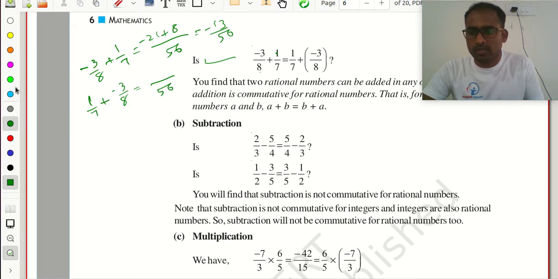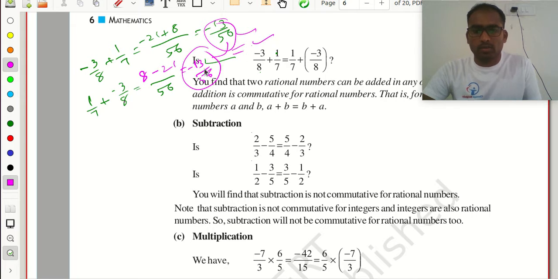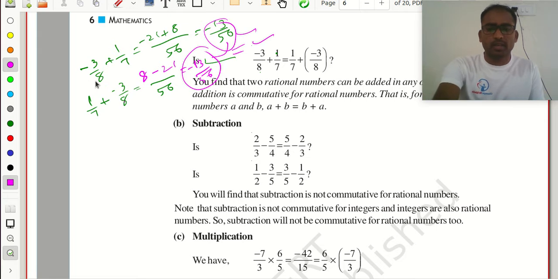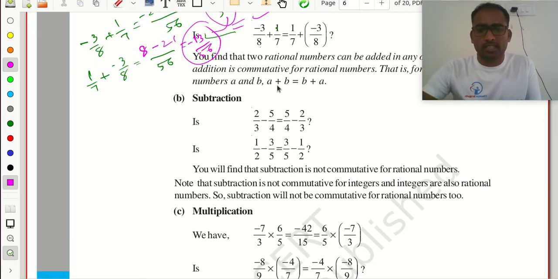What is the value of this? You need to calculate in your textbook, notebook also. I will check after the class. 8 minus 21. I am getting here minus 13 by 56. This and this both are equal. So I can say these rational numbers are commutative under addition. Why? Because it is satisfying a plus b is equal to b plus a, or x plus y is equal to y plus x.